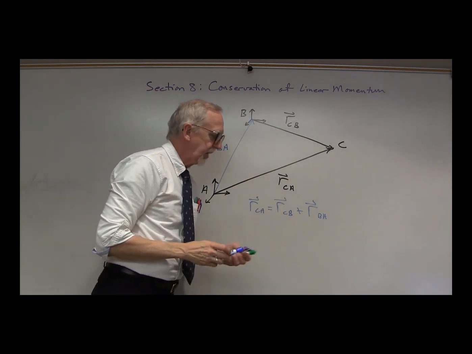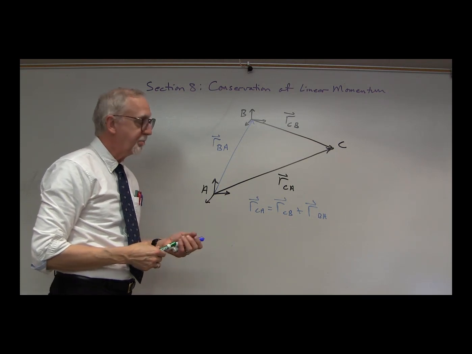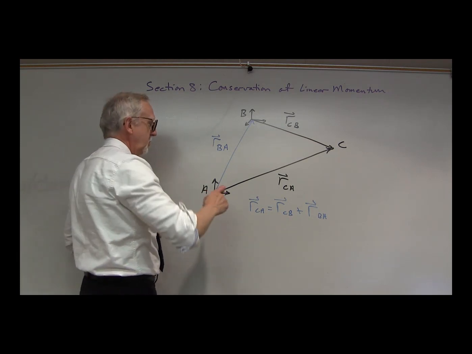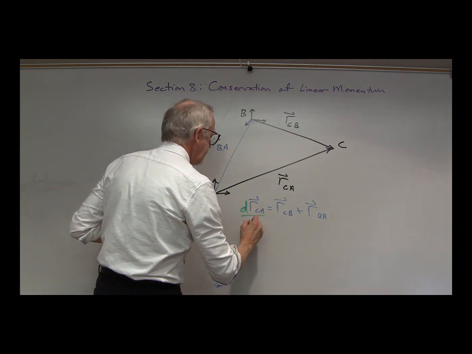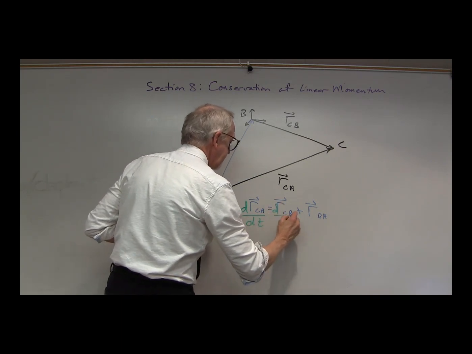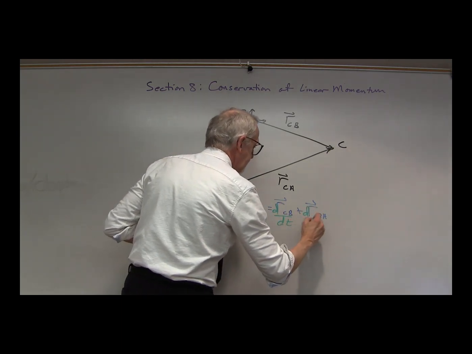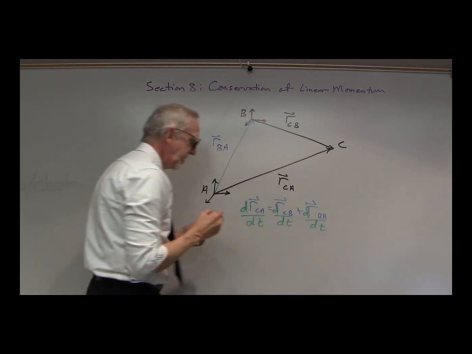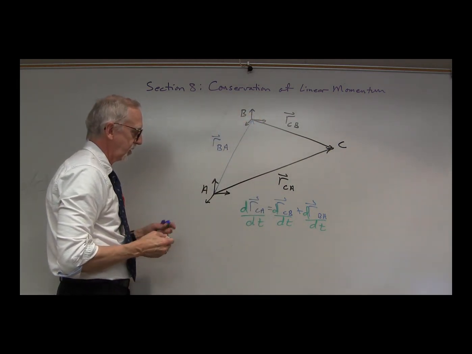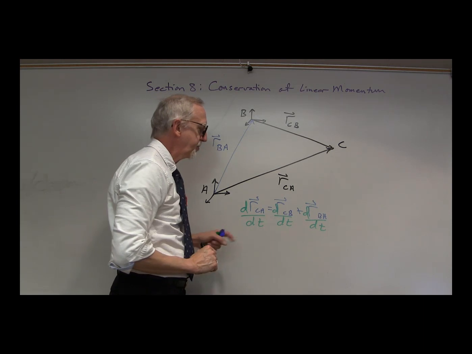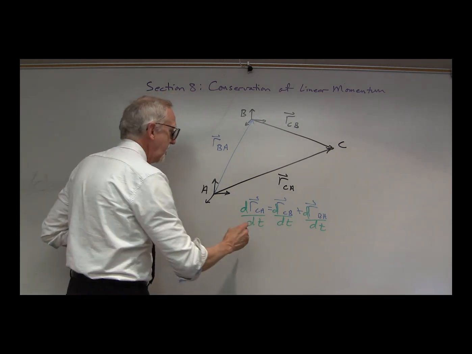Now let's differentiate this result. Differentiate both sides with respect to t. What do we have? d by dt of this side equals d by dt of this plus d by dt of this, which gives us what? What's our result here? Well, the derivative of the position with respect to time is the velocity.